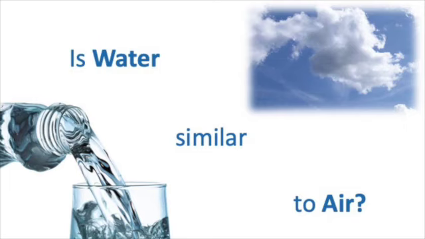Now, if we're going to look at hot water with the thermal imaging camera and try to imagine its warm air, we should perhaps start by asking ourselves, is water similar to air? And will observing convection currents in hot water be helpful for understanding how warm air circulates in our homes?